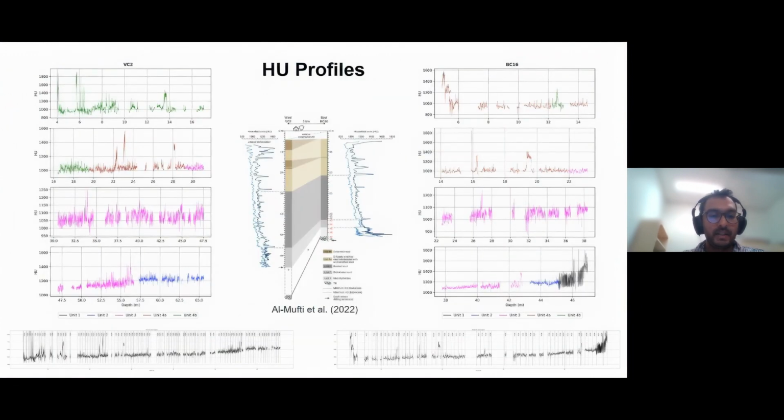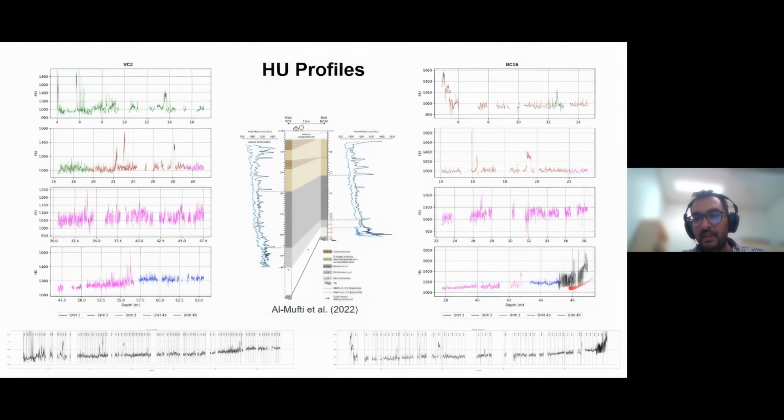What you see in these slides are the two Hounsfield unit profiles for the two boreholes, BC2 on the left and BC16 on the right. At the bottom, we have the complete record for each of these boreholes in one plot. The figures on the top show zoomed-up sections of the HU profile split into 4 parts, just to show the cyclical variation in HU values that we see throughout the borehole.